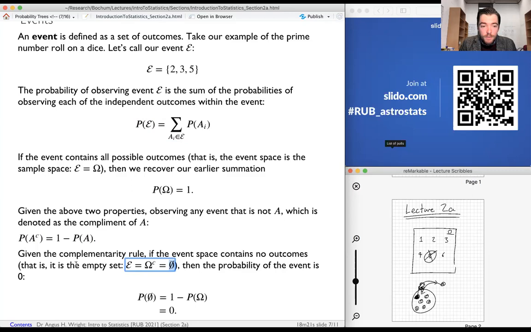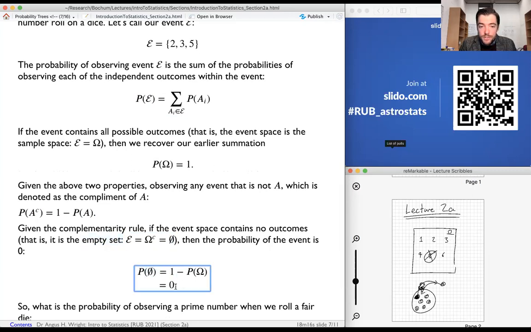Again, it's just a derivation that turns out to be important if you want to understand how we do probability math a bit later on.